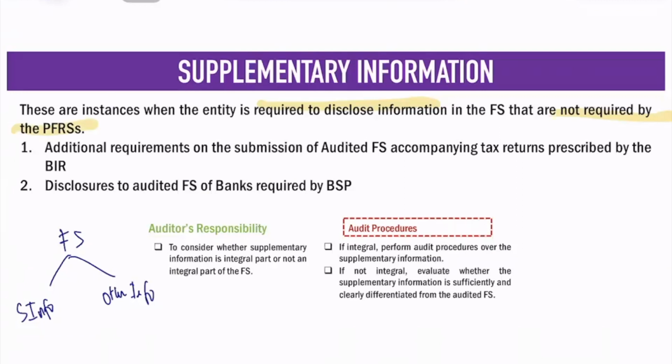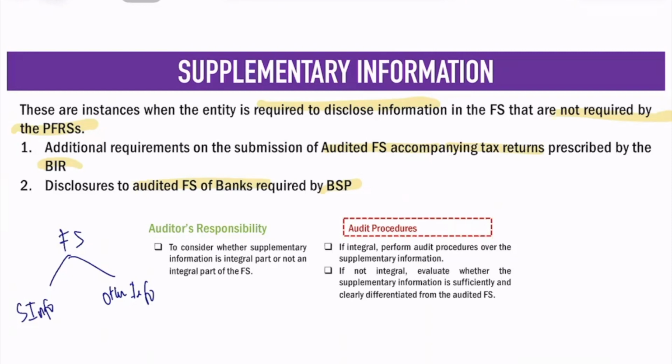When is there a requirement for supplementary information? First, the requirement of the BIR in the audited FS accompanying the tax return. Next, the requirement of the BSP on the audit of financial statements of banks. Those are supplementary information required by law. It is not required by PFRSs, but it is required by law.